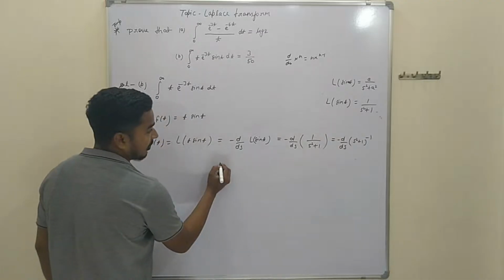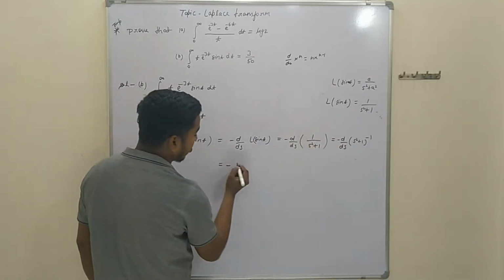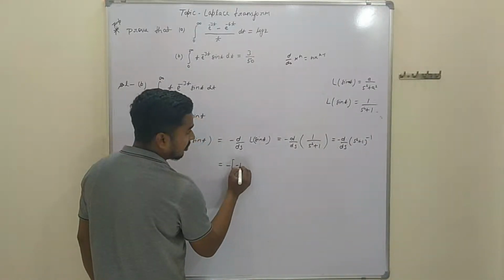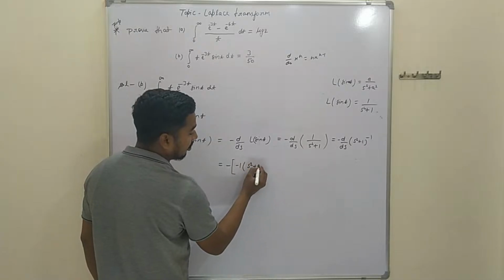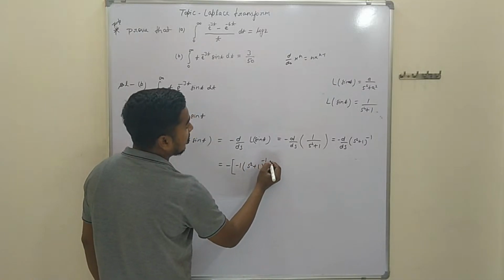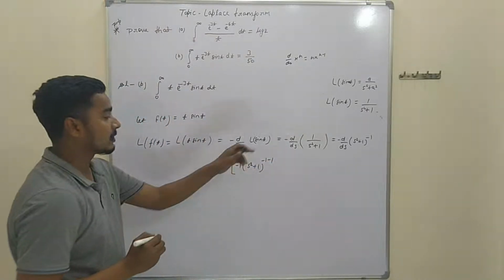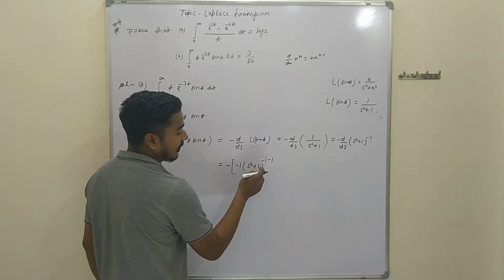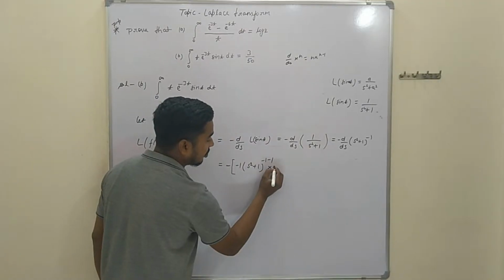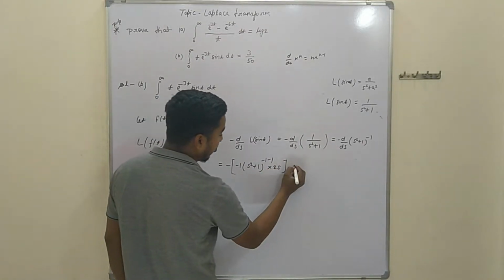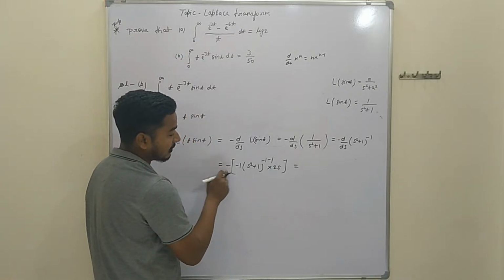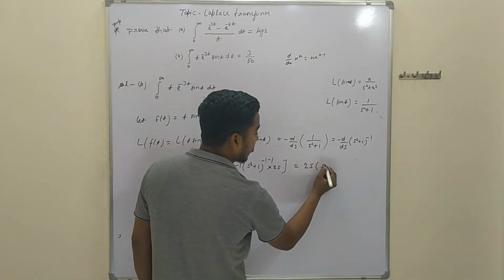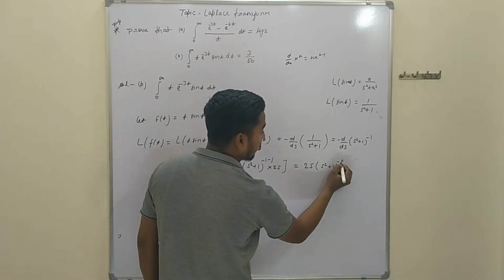So we apply this here. Minus is already present, and solving in the bracket, this gives minus 1 into s square plus 1 to the power of minus 2, and again differentiating s square plus 1 with respect to s, this gives 2s. Here minus minus is plus, so we get 2s into s square plus 1 to the power of minus 2.